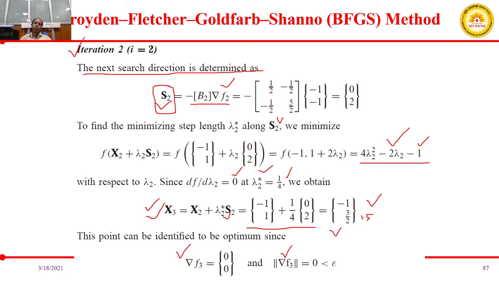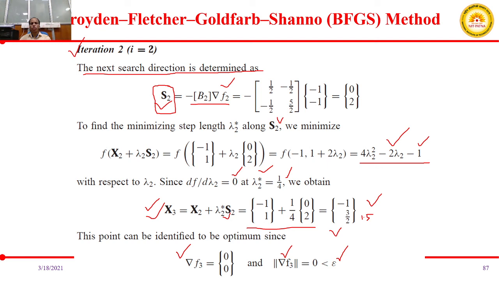Take the modulus; it also comes to 0, which is less than your termination criteria. So since the termination criteria is met, you can say that you have found the optimum point for the given function.